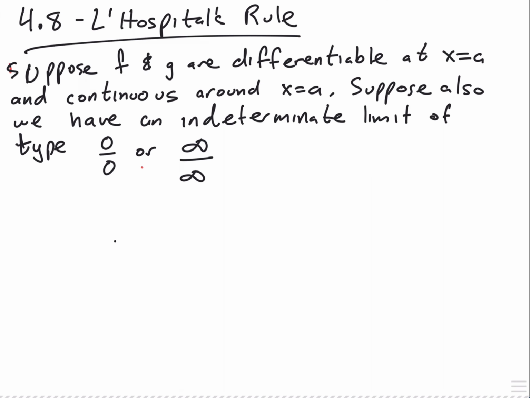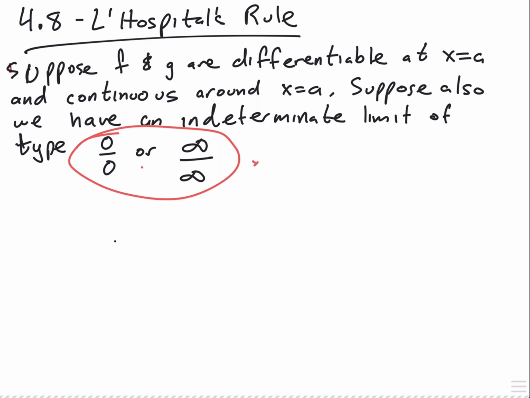This is the key thing here. We have to make sure before we even think about using L'Hospital's Rule, it absolutely, positively must be 0 over 0 or infinity over infinity. If it isn't, that doesn't mean we can't use L'Hospital's Rule on this particular limit. It just means that we would have to reorganize things and maybe do some algebra before we do it.